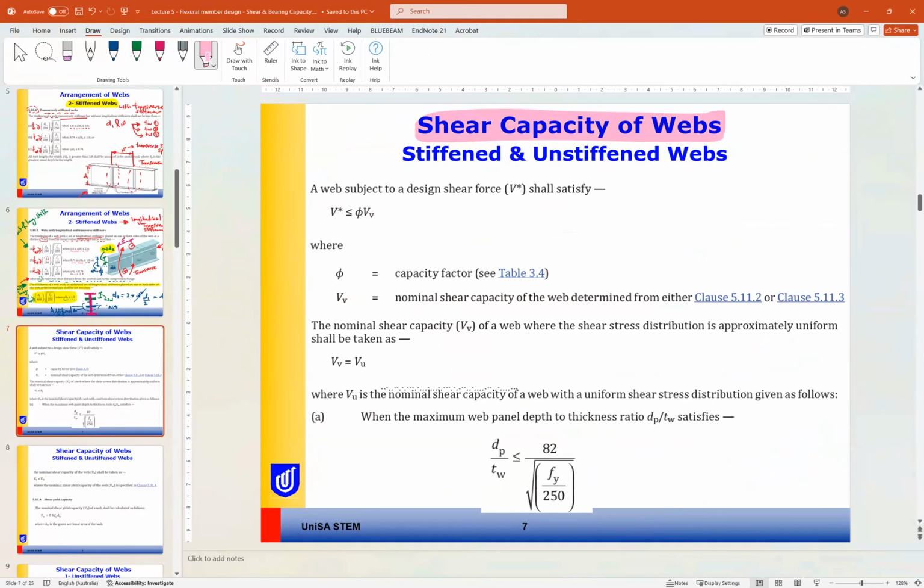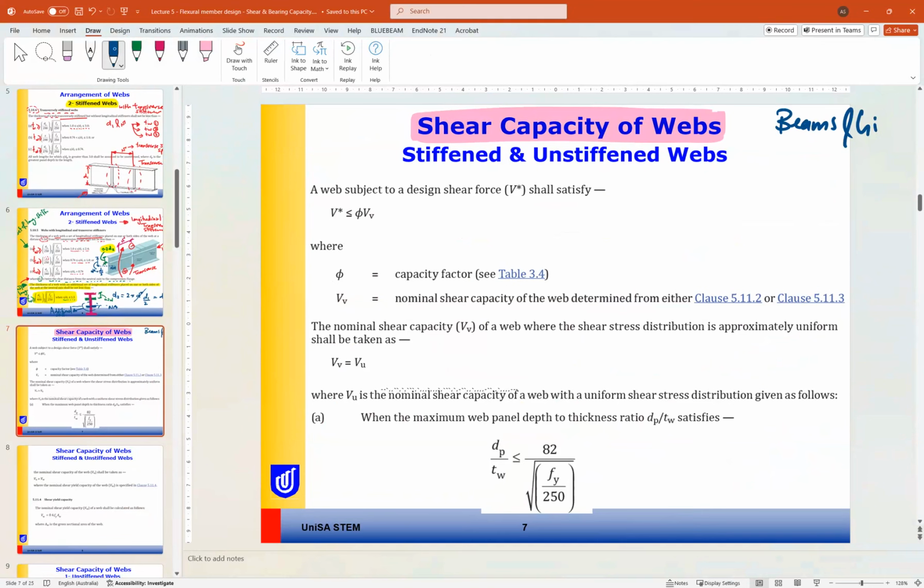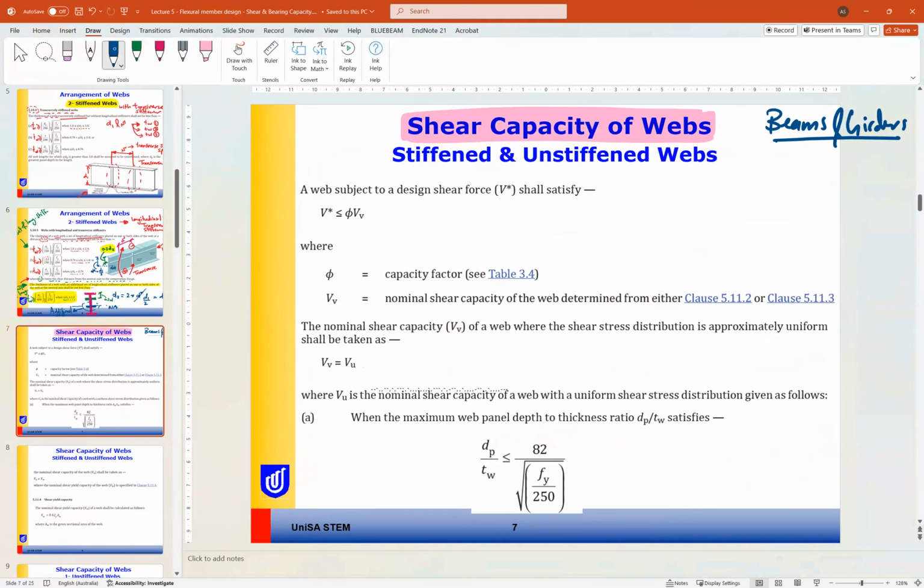The shear capacity of the web, because as you know, beams or girders are mainly under moment and shear. Okay, so we have designed for moment last week, and mainly flanges are carrying or resisting the moment.